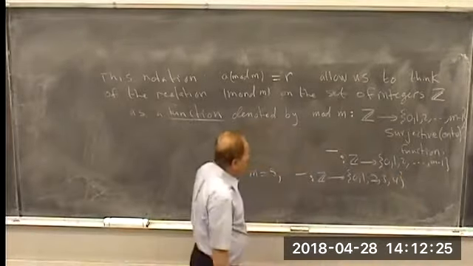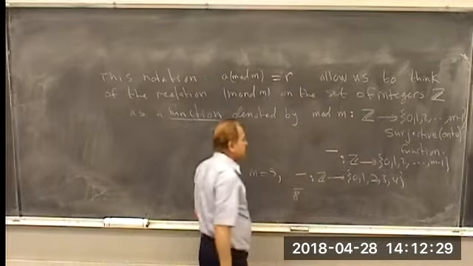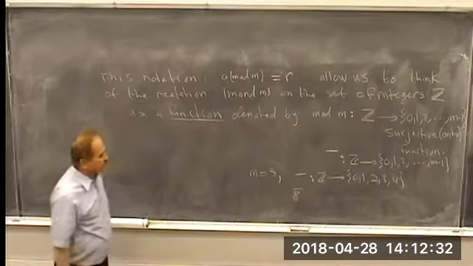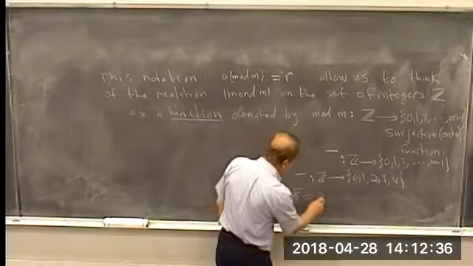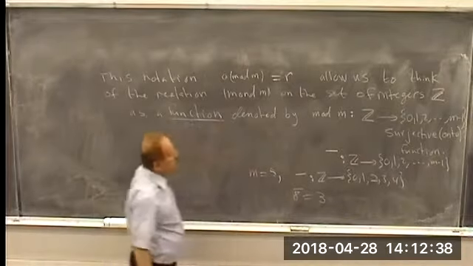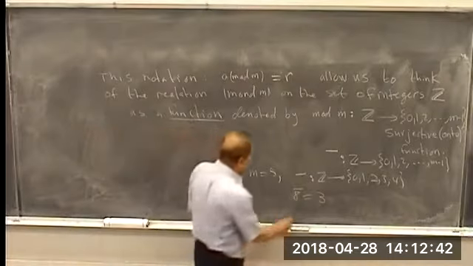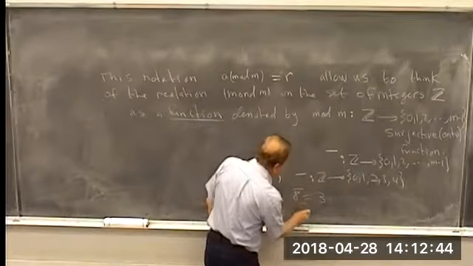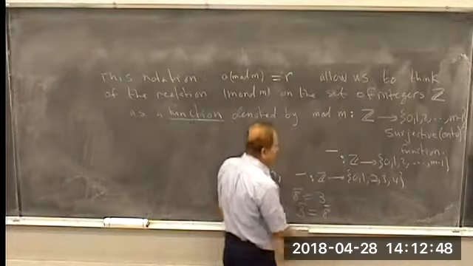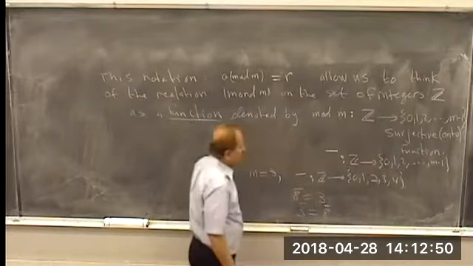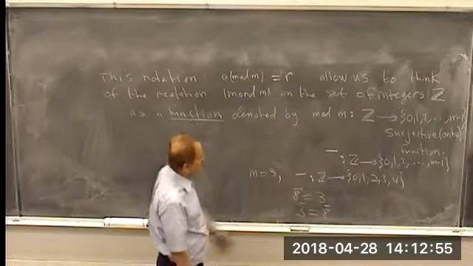When you look at, for example, 8 bar, you assign to it 3. This is the same as 3 bar, and so on, because they all leave the same remainder, so they are congruent to each other mod 5.